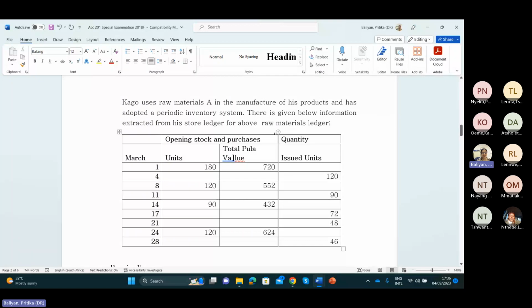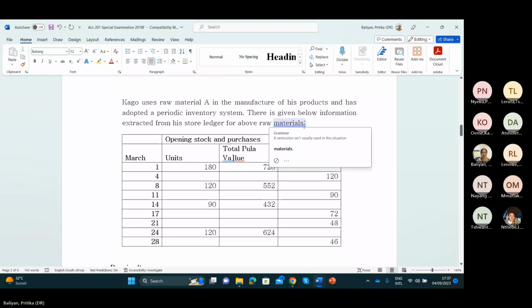Is it visible? Yes, ma'am, it's visible. Okay. So here is the detail about raw material A, from the manufacturer of the products, and he adopted the periodic inventory system.